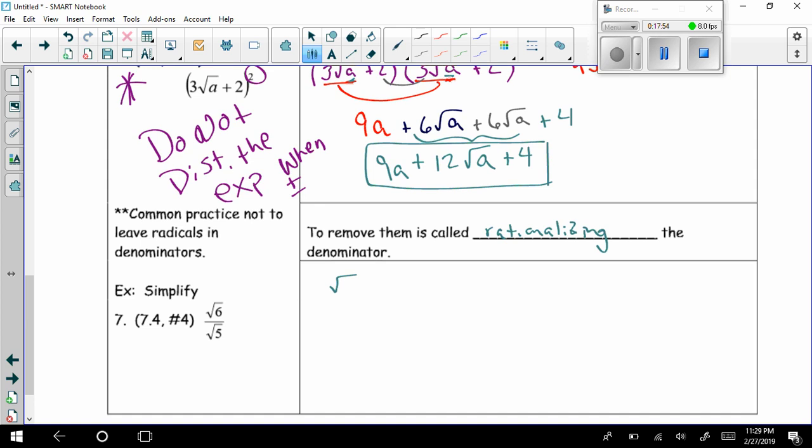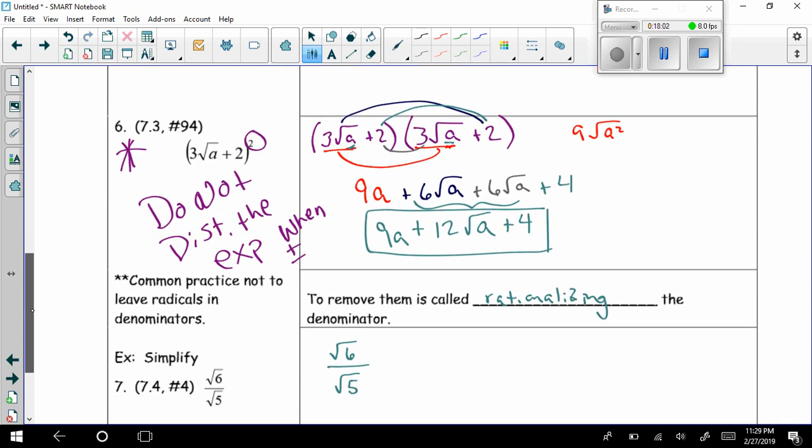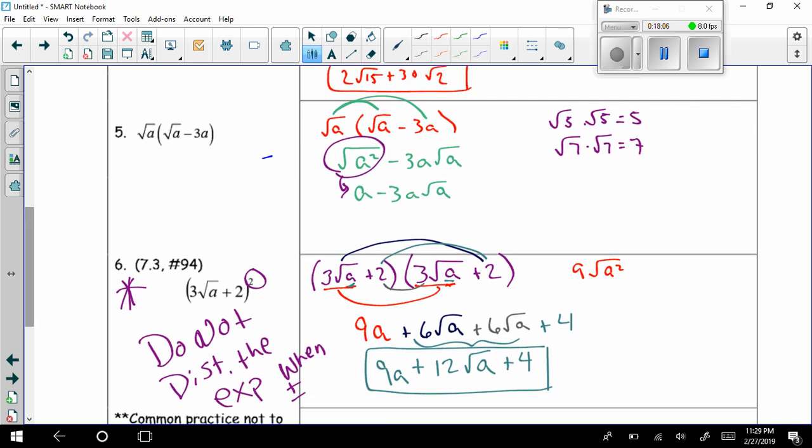And it's just the process of getting rid of any radical symbol, any root at all that you have on the bottom of a fraction. And we can utilize this rule up here to do that. Sorry for the bad handwriting.